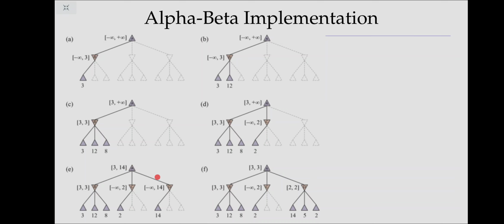For the last successor, it considers the rightmost child. The rightmost child checks its children. The first child is a terminal with 14. 14 is better than 3.